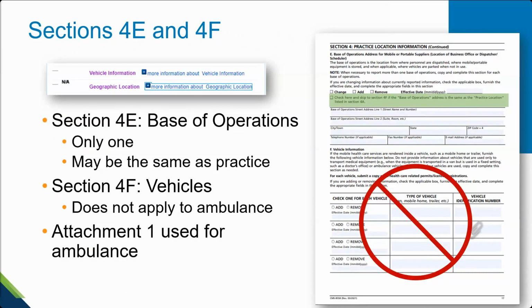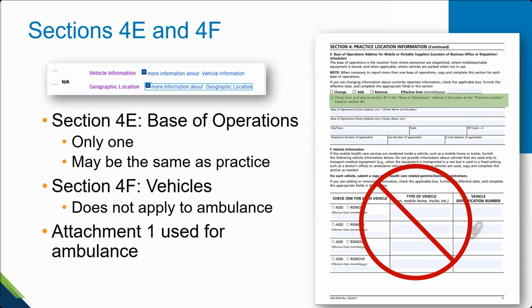So if you have one location, that's where you do your dispatch, that's where the vehicles are housed. When you get to section 4E, there is a checkbox that allows you to skip this because you're telling us that the base of operations is the same as the practice location in 4A. That works really, really well if there's only one location.